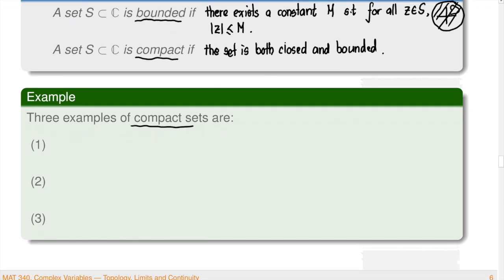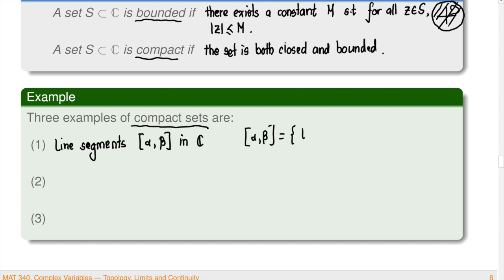All right, a few examples of compact sets. The three examples of compact sets that I want you to keep in mind, first, are line segments. Not lines, line segments, and the notation, remember, was [alpha, beta] in C. This is not a closed interval, this is a line segment. Remember, [alpha, beta] was defined as 1 minus t times alpha plus t times beta, where t is between 0 and 1.